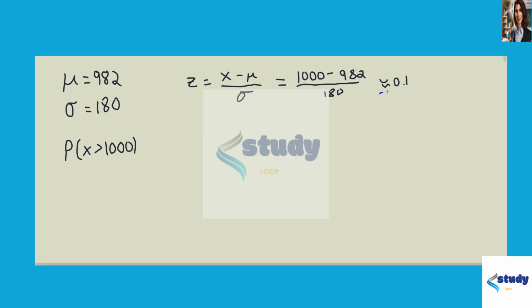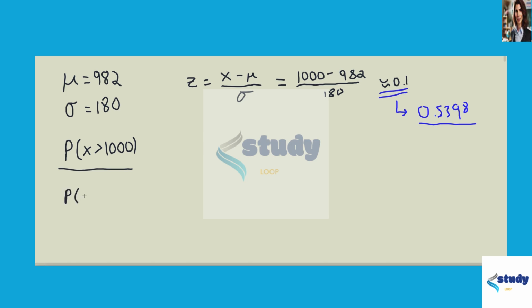Now we're just gonna find the probability corresponding to the z value, and we're gonna find that it's 0.5398. So next, what we're gonna do is rewrite this expression in terms of z.